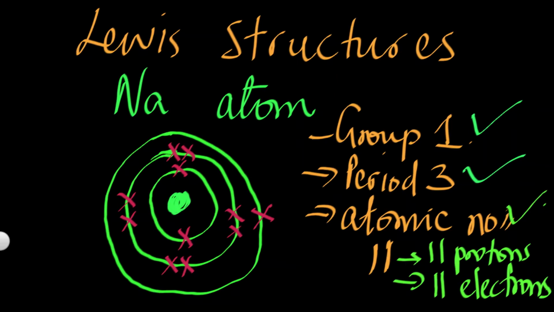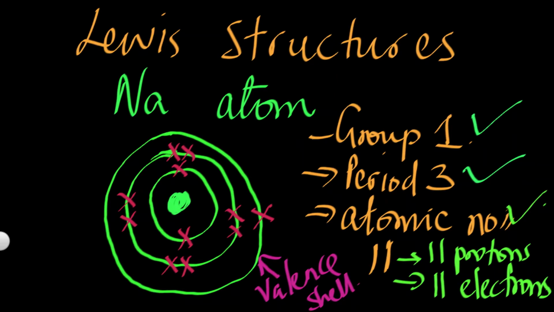This last electron is in what we call the valence shell. So let me label this as our valence shell. The valence shell is the outermost energy level of an atom.